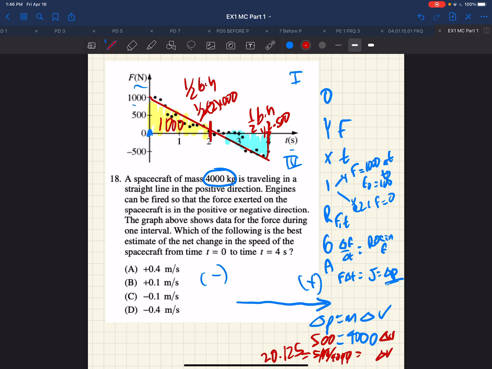So what's curious is that we have a change in velocity of about 0.125, and it's positive. The change in momentum was positive. The mass is a scalar, so you have a positive change in velocity. So that means overall, the closest is choice B, about positive 0.1.